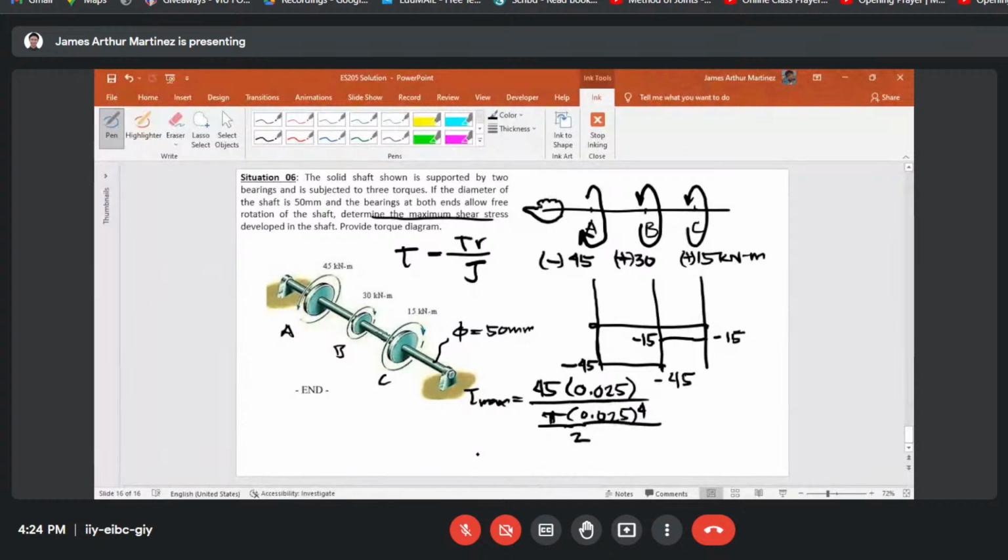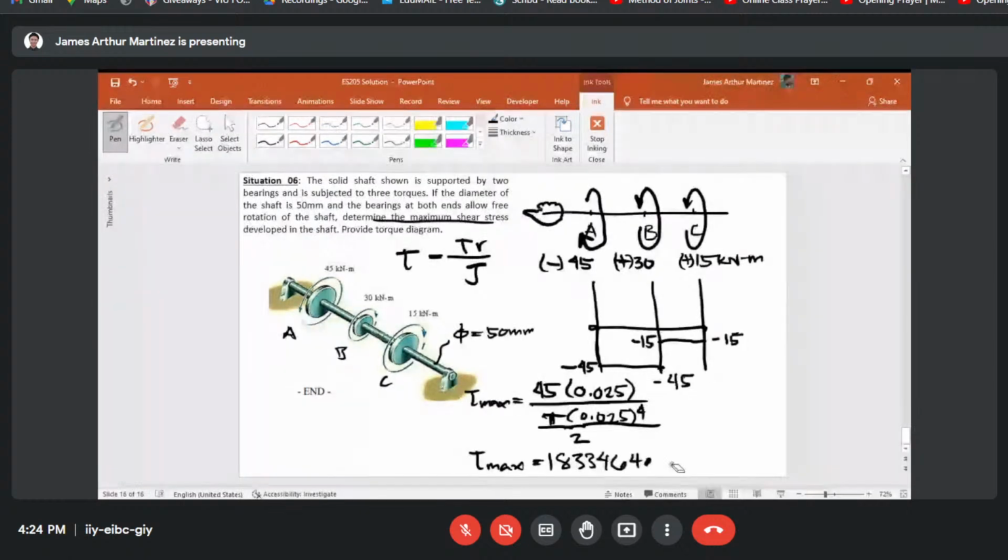You have maximum shear stress no develop in the shaft equal to 1833.464.944.